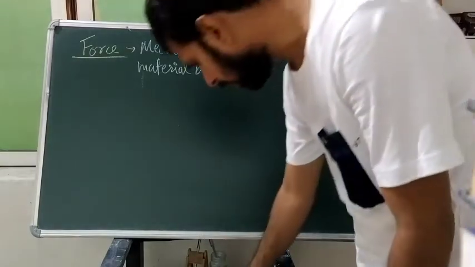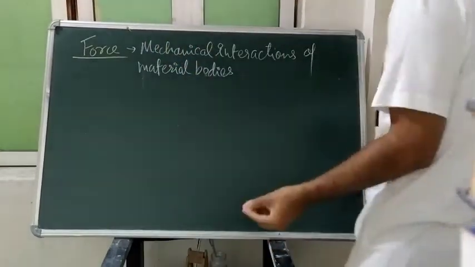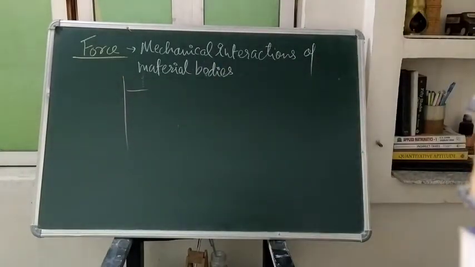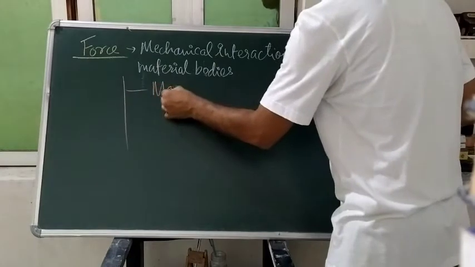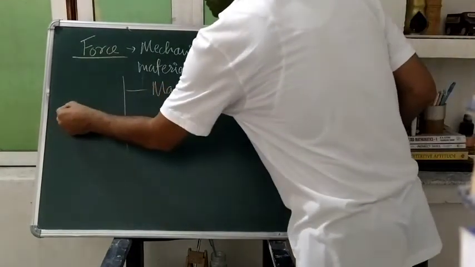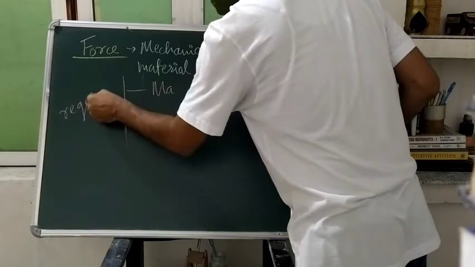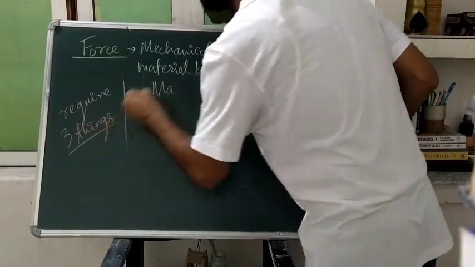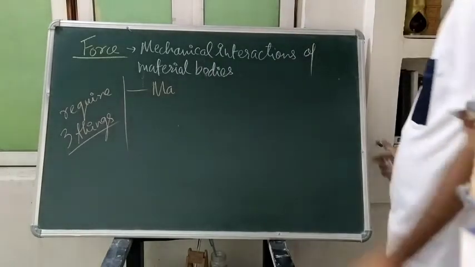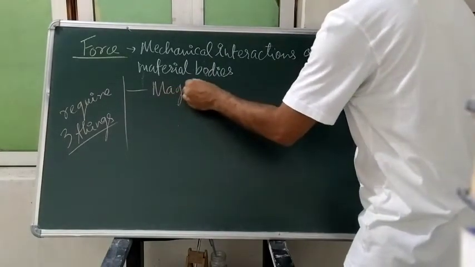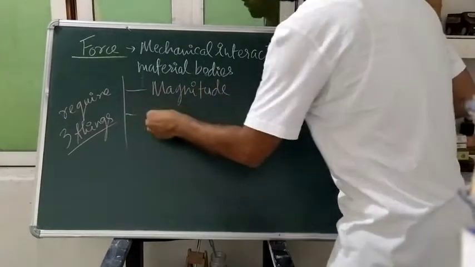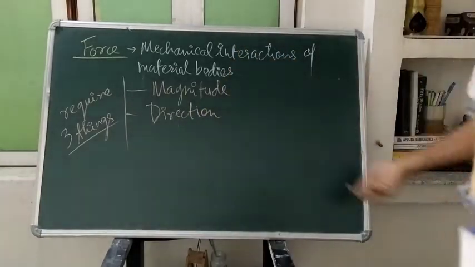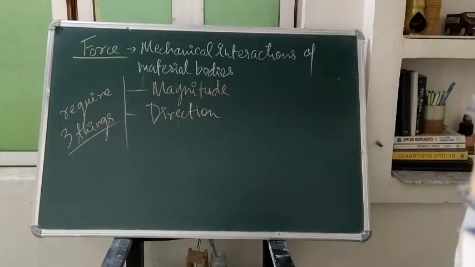The next thing is very important to know. How many of you are aware of it? Force requires three things. How many things? Three things: magnitude, direction, and what is the third thing?